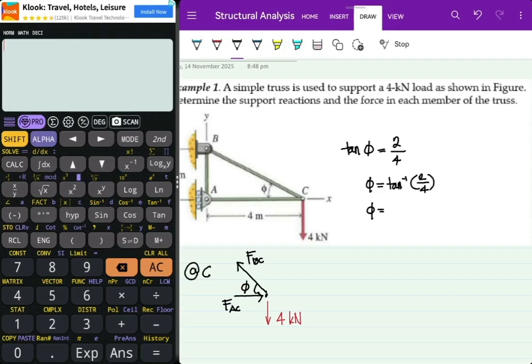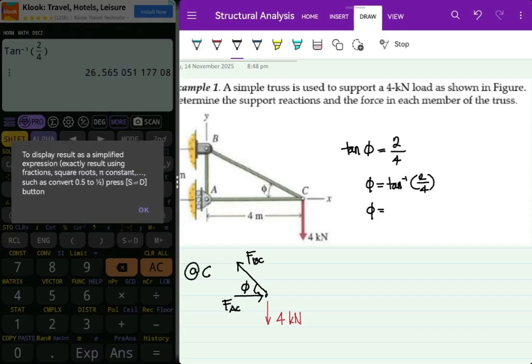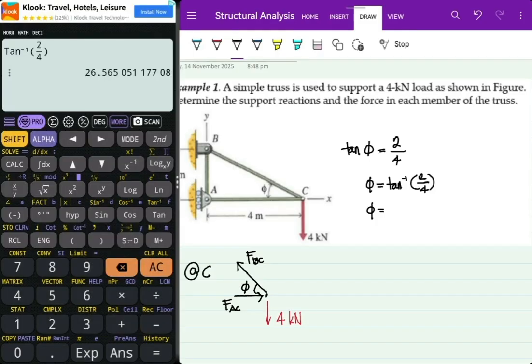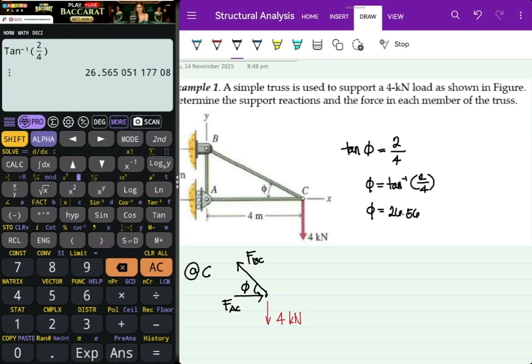You bring out your calculator, so that's shift tan 2 over 4, and that is 26.56505117708 degrees.